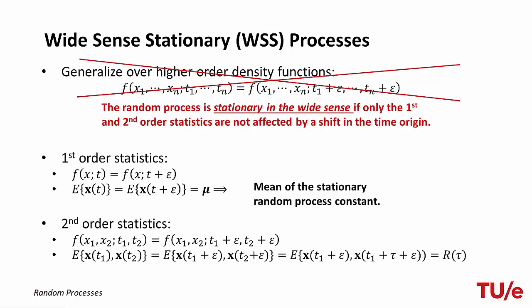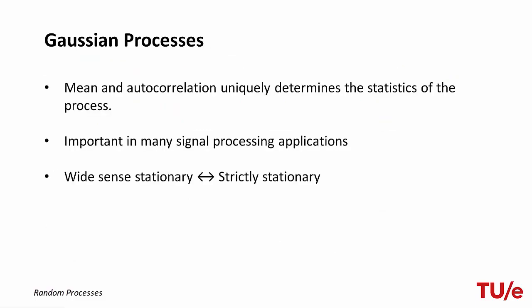In other words, those processes that have constant mean and autocorrelation depending only on the time difference are of interest. We call these wide sense stationary. But why specifically the order 2? It has to do with the Gaussian processes, statistics of which are uniquely determined by its mean and autocorrelation. Gaussian processes have an important role in signal processing application.